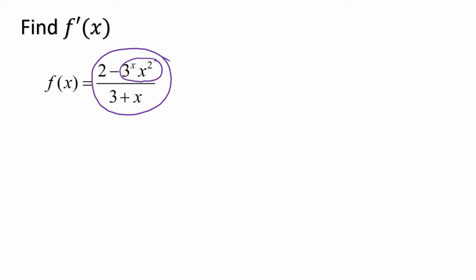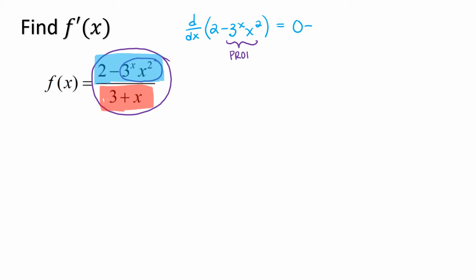So let's start by finding the derivative of our numerator and the derivative of our denominator. So the derivative of 2 minus 3 to the x squared will be equal to 0 minus, and then we have to use product rule in order to find this derivative.